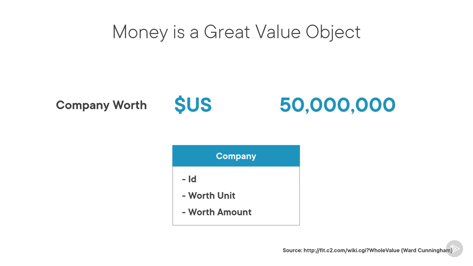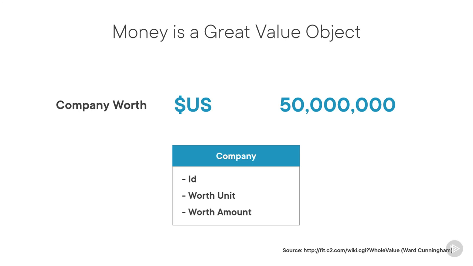It might have one decimal property that represents the worth amount, and another string property that represents the worth unit. The problem with this approach is that it doesn't tie these properties together in any way. These two properties appear to be independent of one another, but they're obviously closely related. If an update is made just to the worth unit string, it could obviously have a tremendous impact on the company's worth as a combination of these two concepts.